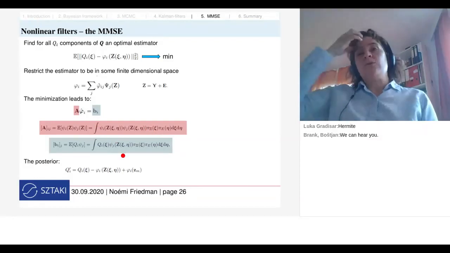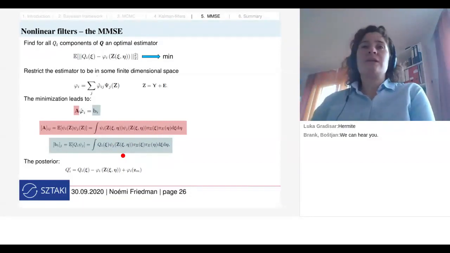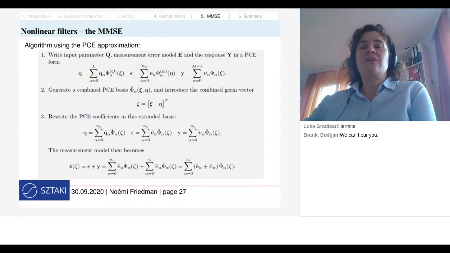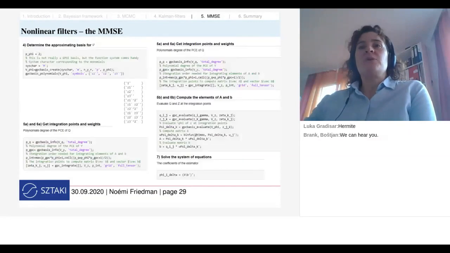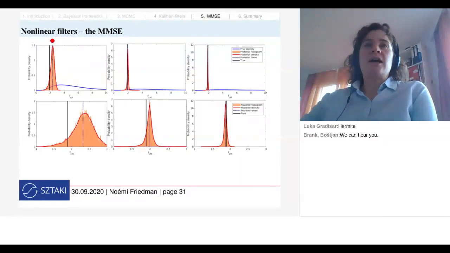But there is a way to use low rank approximation, which Professor Mattis explained to you, also for the output, so for the response itself. Then you can reduce this dimension, and such a nonlinear filter can be computed in an efficient way. And you can see what happens when I choose the estimator to be of higher degree.